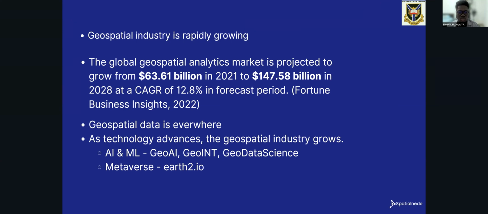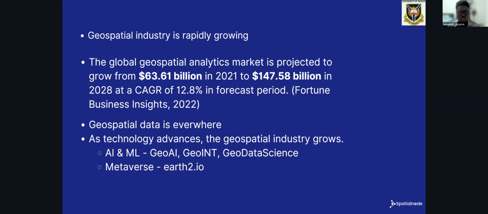And technology is advancing. You have AI, you have metaverse, you have Web3, everything is coming. At the end of the day, you can combine this technology advancement and apply it in the geospatial industry to solve problems.